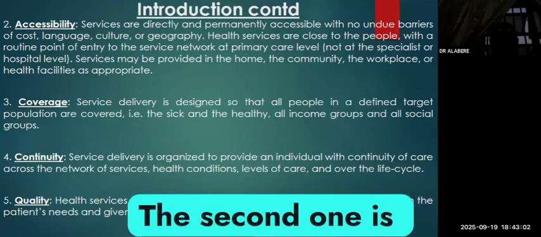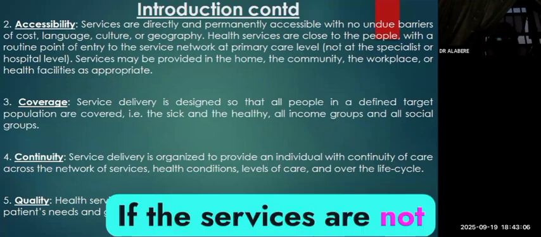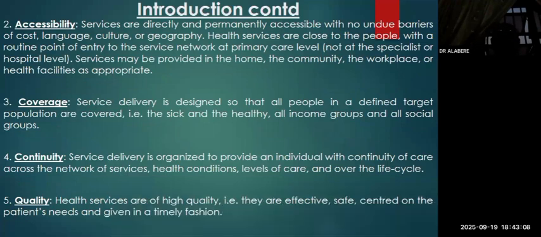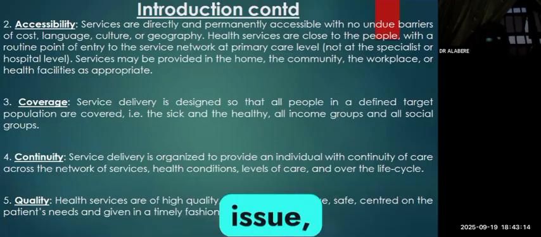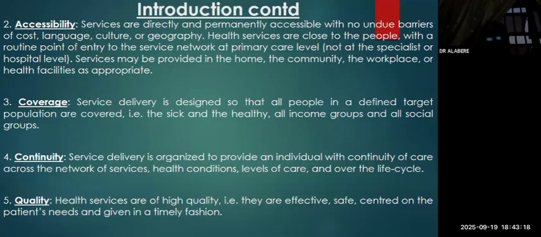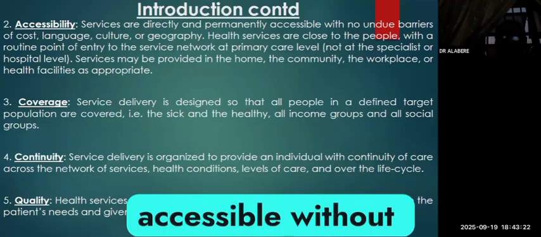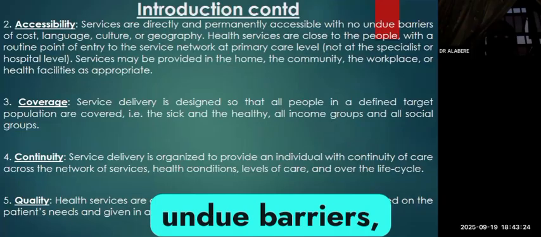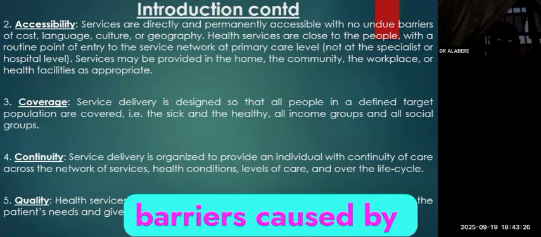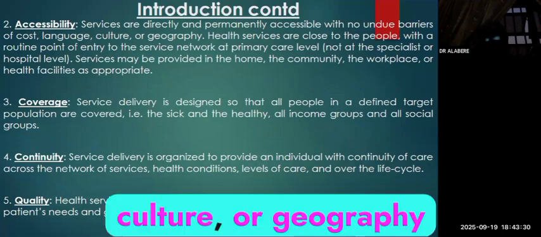The second one is that the services provided should be accessible. If the services are not accessible, then there are disparities. And that is the key issue, accessibility in universal health coverage. Services are directly and permanently accessible without undue barriers. Barriers caused by cost, caused by language, culture, or geography.